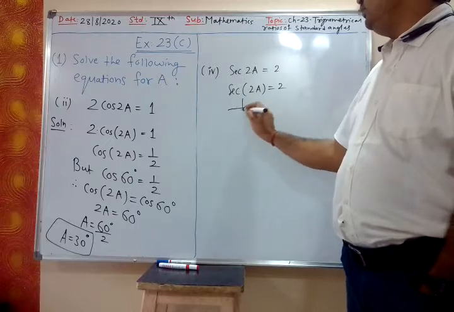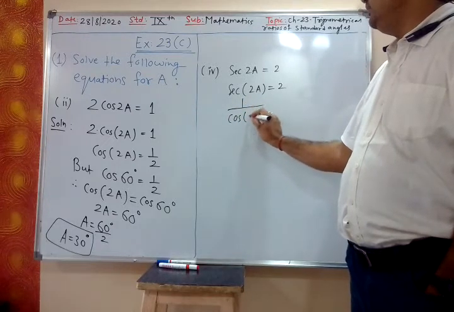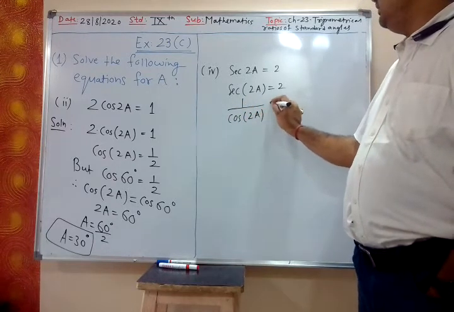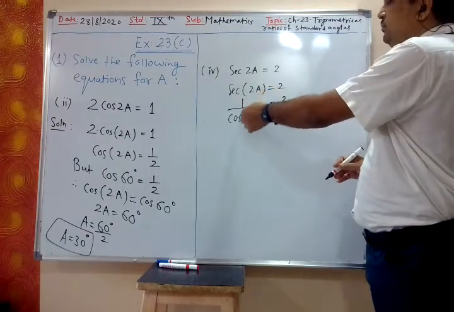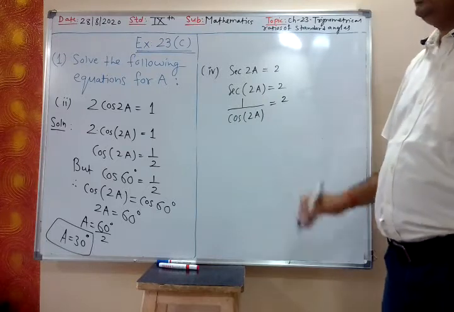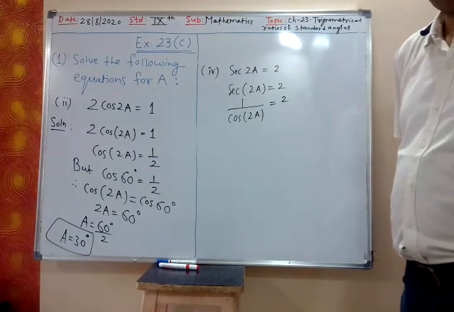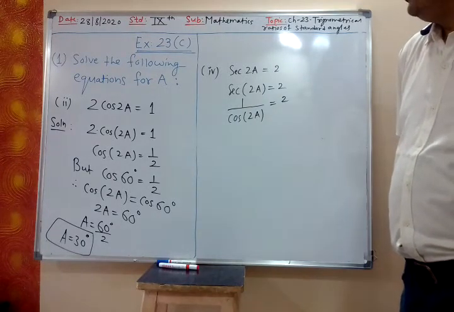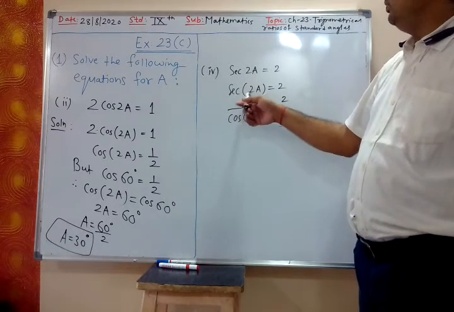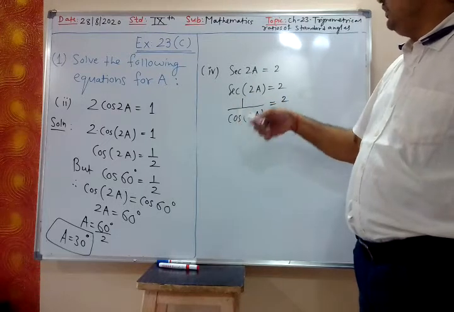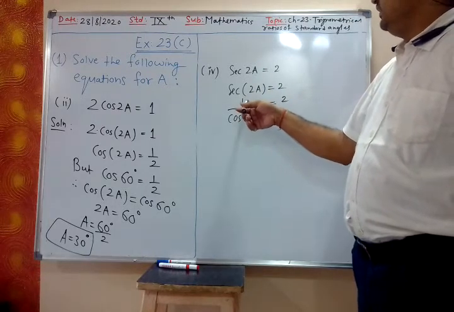So sec 2A is the same as 1 upon cos 2A, is equal to 2. Are you getting? Wait for me. Sec 2A we write as 1 upon cos 2A. We go step by step.